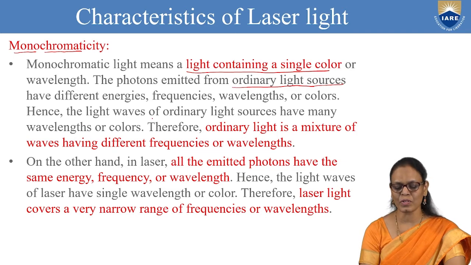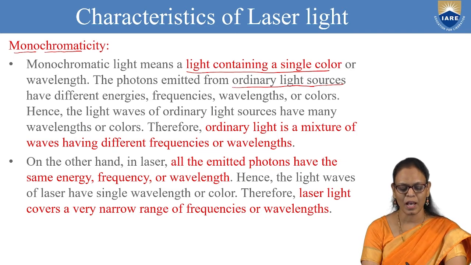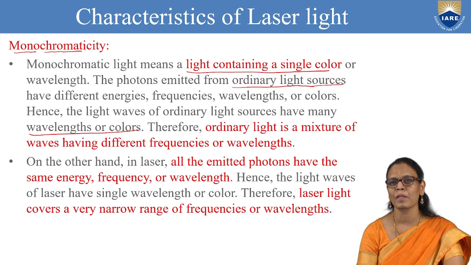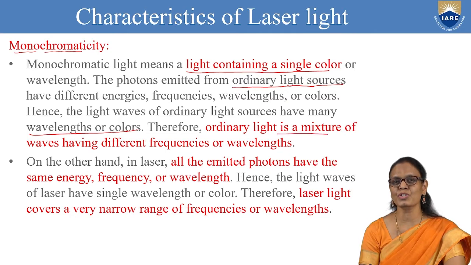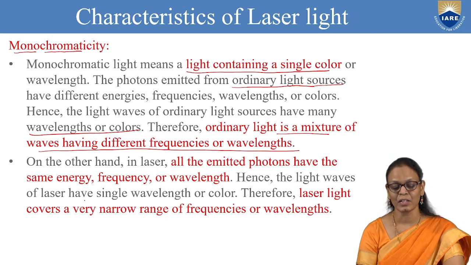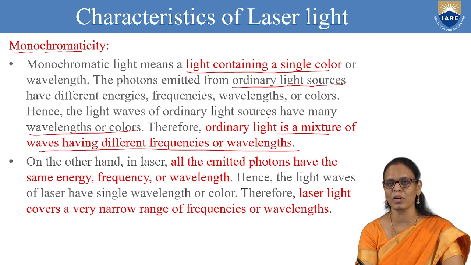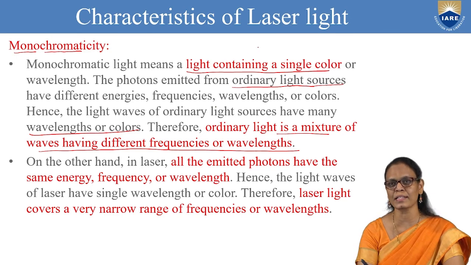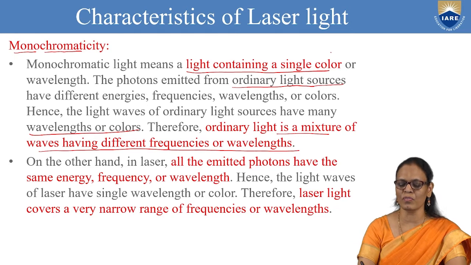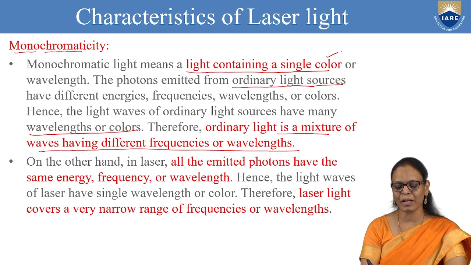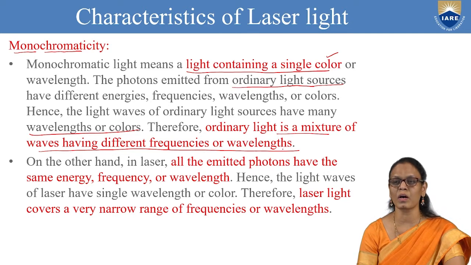Hence, the light waves of ordinary light sources have many wavelengths. It is a mixture of waves of different frequencies or wavelengths. That is how we differentiate between laser light and ordinary light. Laser light is a light of only a single color. But ordinary light may have waves of different frequencies or different wavelengths.